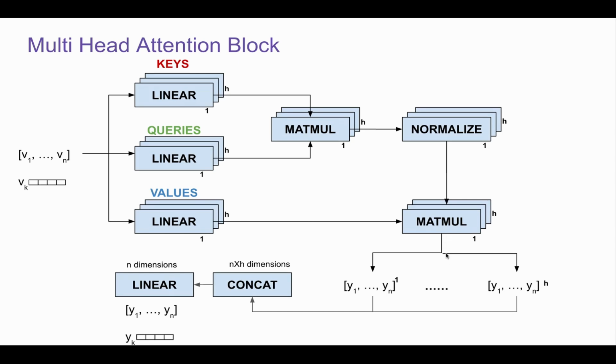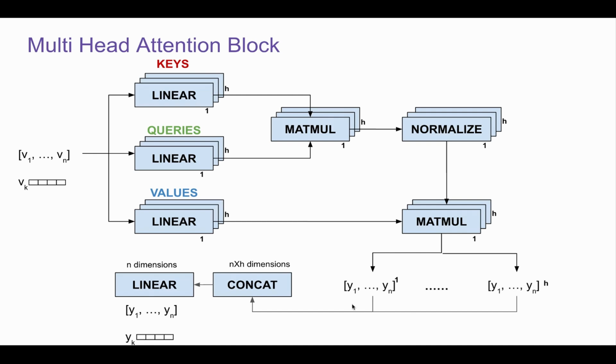But now, since there are H heads, we have H Y vectors, and each Y vector has the same dimension as V. But we also said before that we want the output dimension to be the same as the input dimension, so we can layer hundreds of attention blocks. But this way the output dimension is H times the input. So how do we solve this?